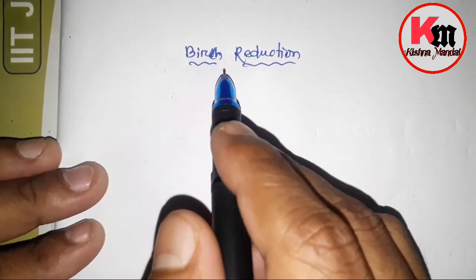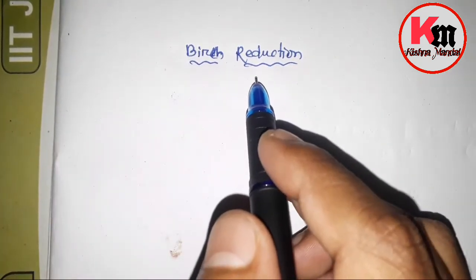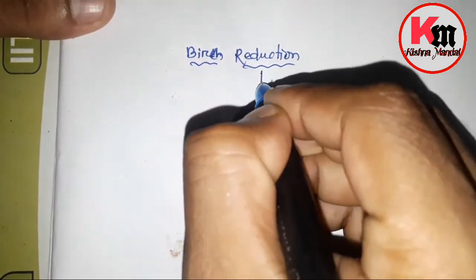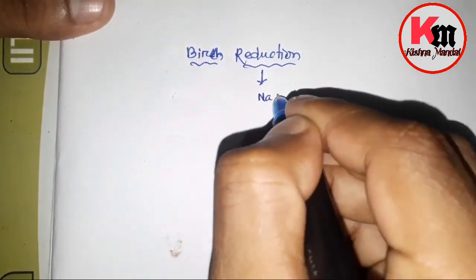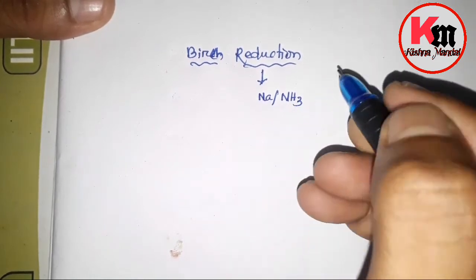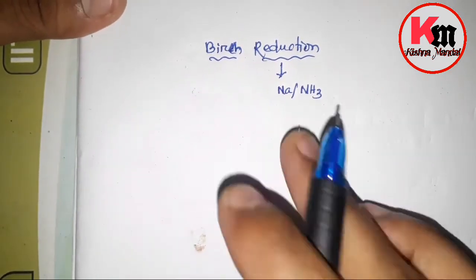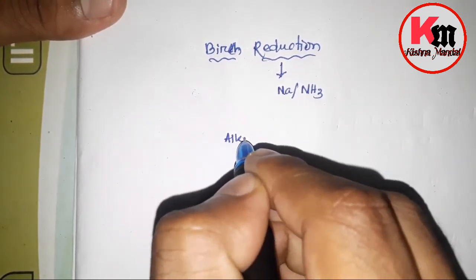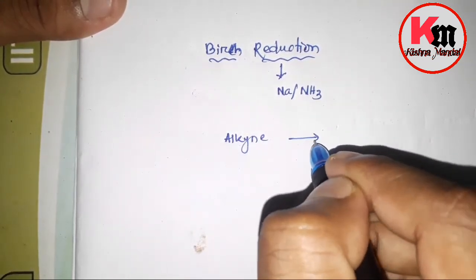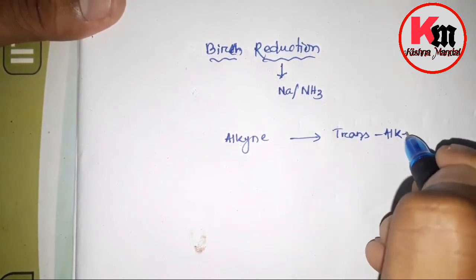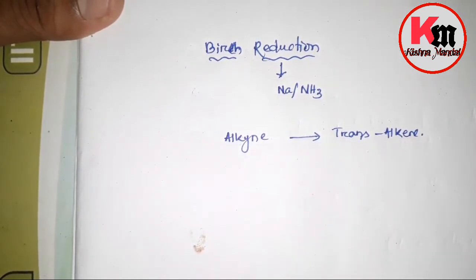So the Birch reduction means this reducing agent. Here the reagent is sodium in liquid ammonia. So this reagent simply converts any alkyne to transalkene.